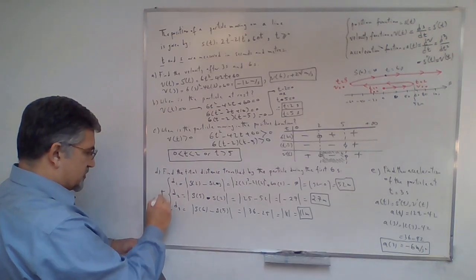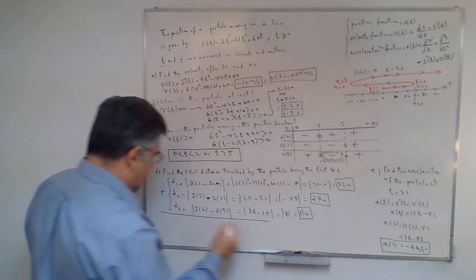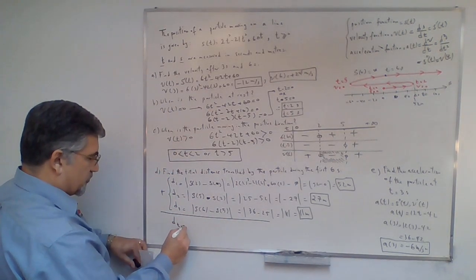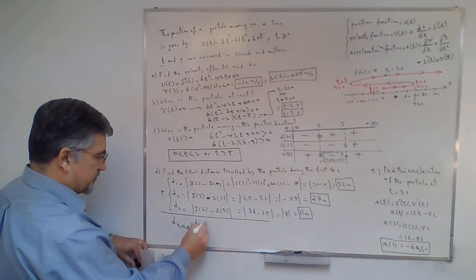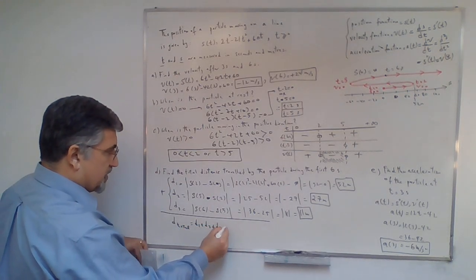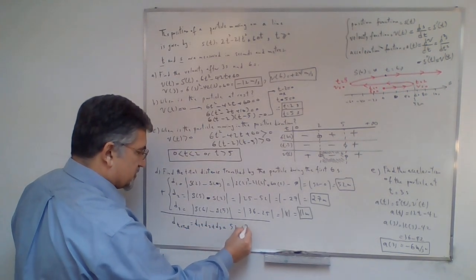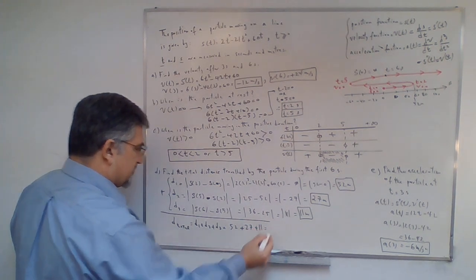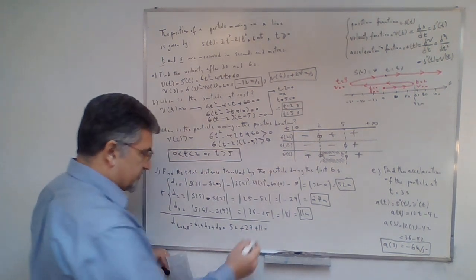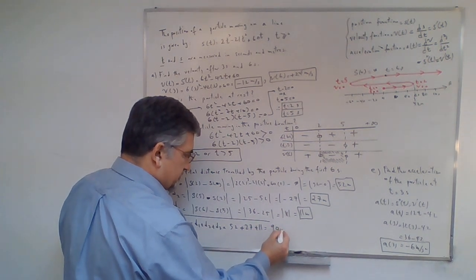So now we just need to add all of these distances up. So I would say distance total is d1 plus d2 plus d3, and that's 52 meters and 27 and 11 meters. I believe they add up to 90 meters, okay?